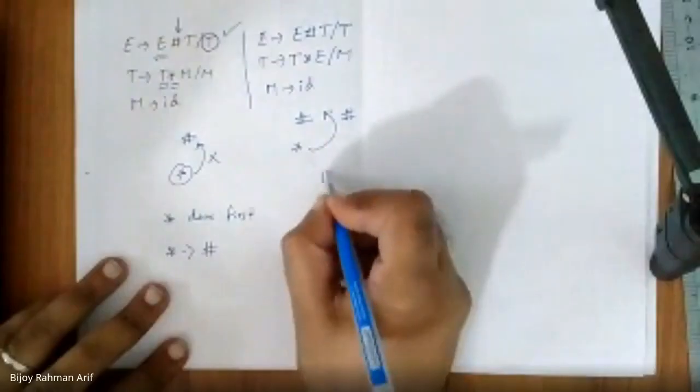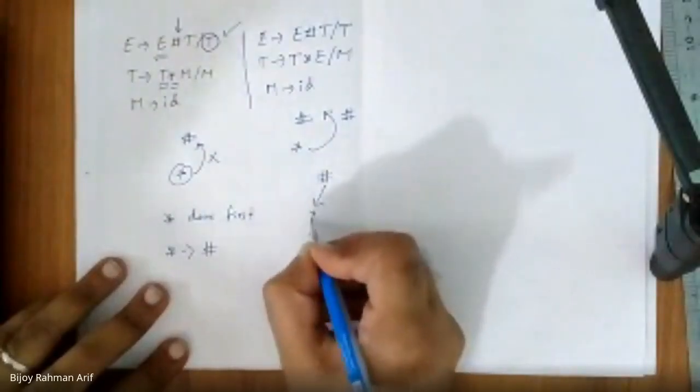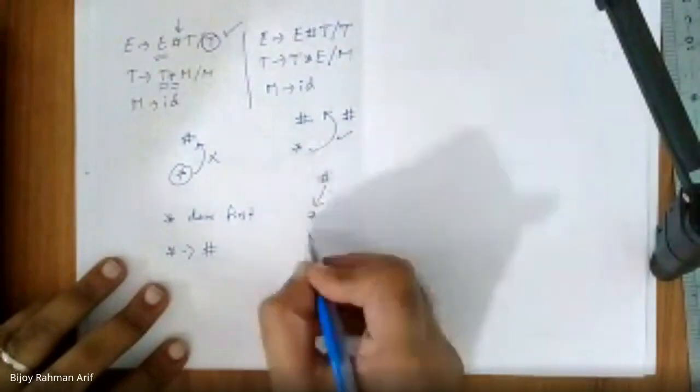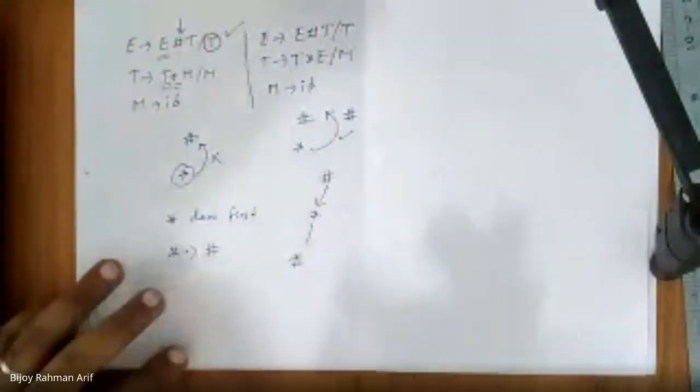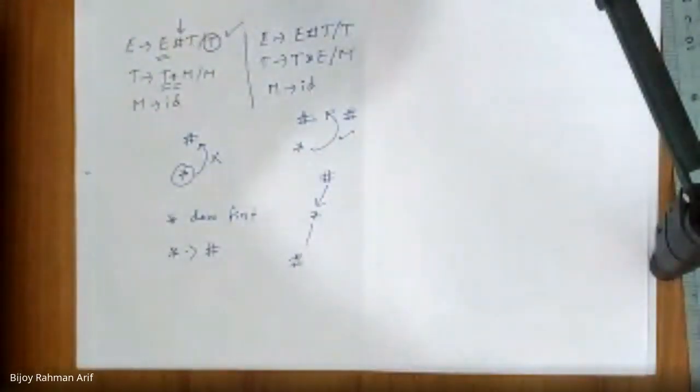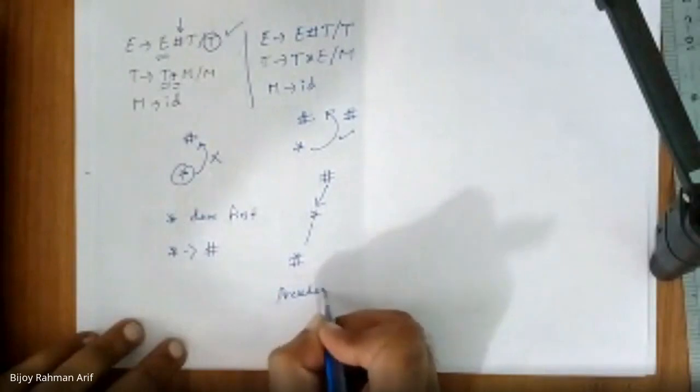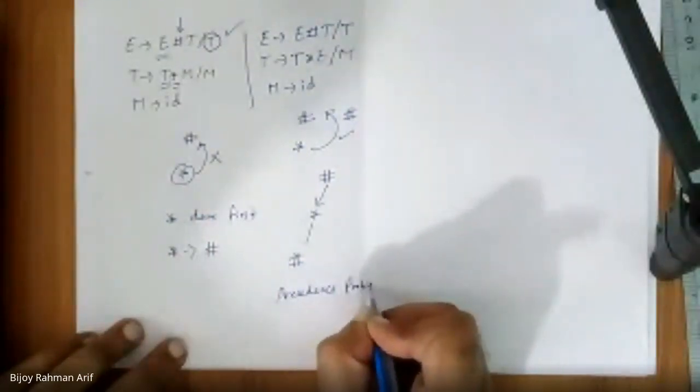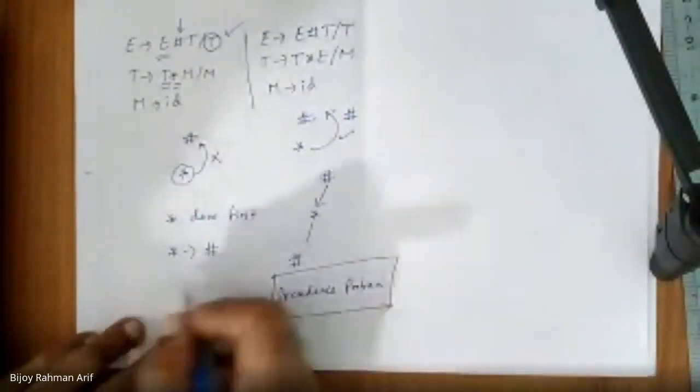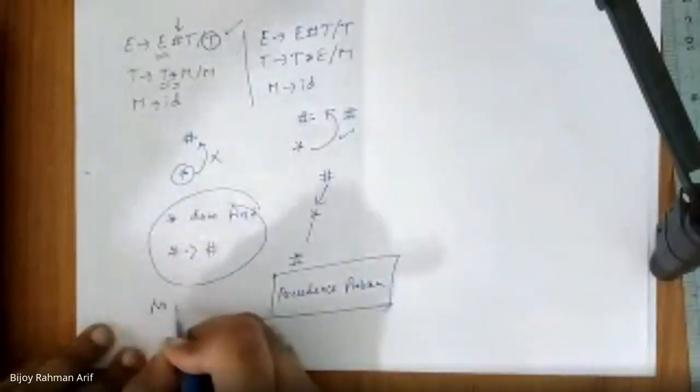Am I right? Yes, sir. So in this case, can you tell me which one I need to do first? Right. So that's why there is a precedence problem. But here there is no precedence problem.